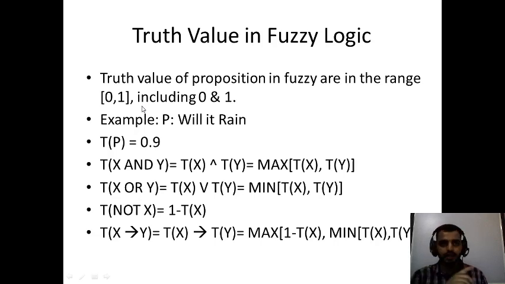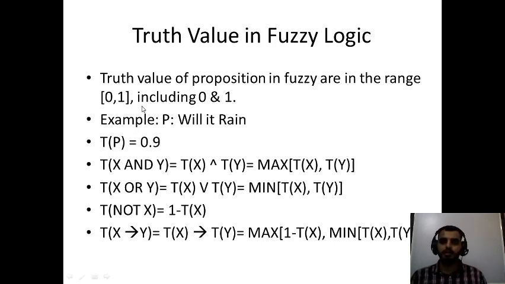The 0 indicates false, 1 indicates true, and also the fuzzy system says to which level it is true and to which level it is false. If at all a student is 0.9 hardworking, 0.9 good student, it means it is 0.1 bad student.